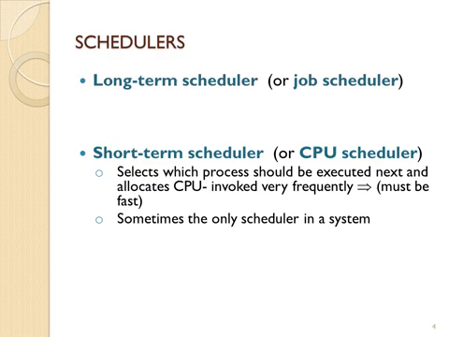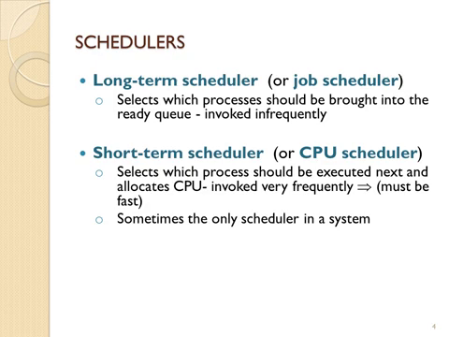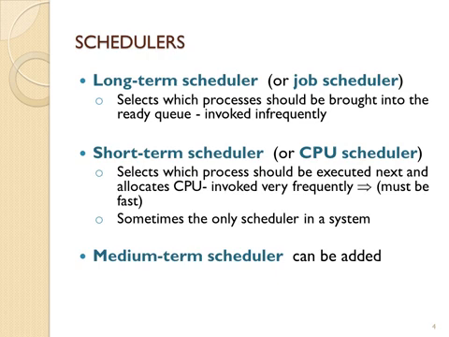If you have a long-term scheduler, it may be able to terminate some of those processes that are taking up resources in order to admit new processes in. So that could be one way to deal with the limited resources that are available. Another way to deal with it, and the long-term scheduler will control the degree of multiprogramming. If you remember, the degree of multiprogramming means the number of active processes in your system.